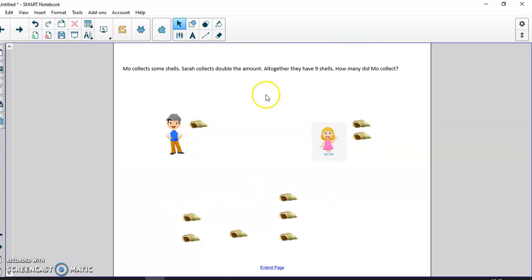But they'd only have 3 in total then. They have 9 altogether. So if Mo has 2, Sarah has 4. But if Mo has 3, Sarah has 6. And that shows their 9 shells shared out. So how many did Mo collect? He collected 3.